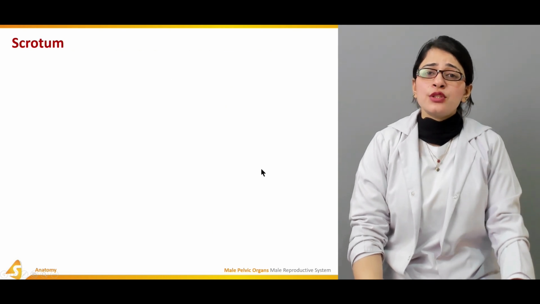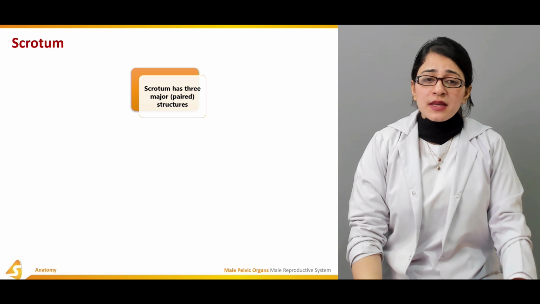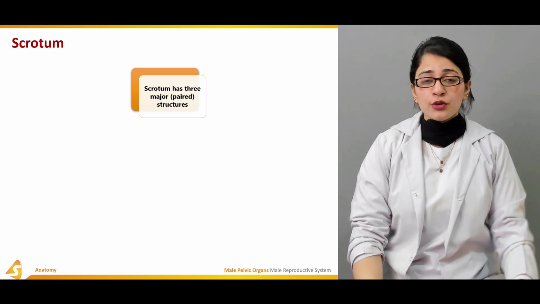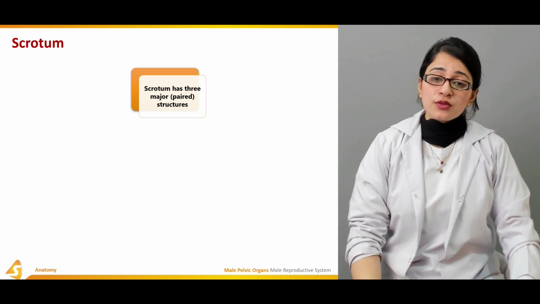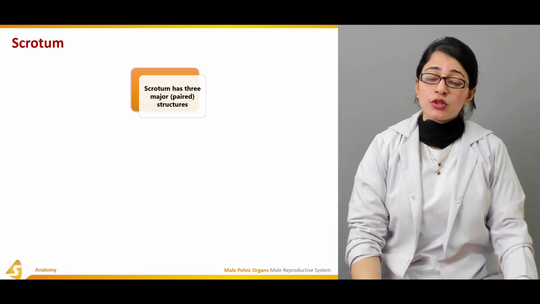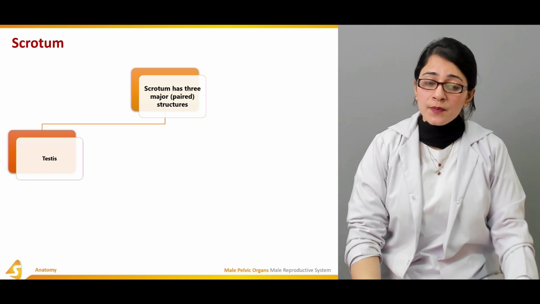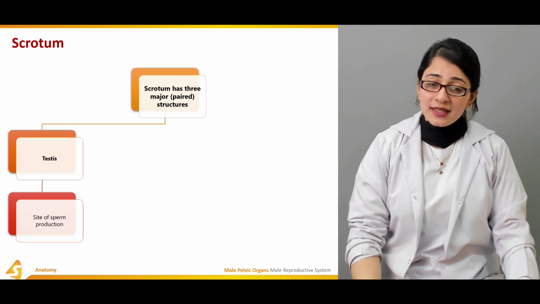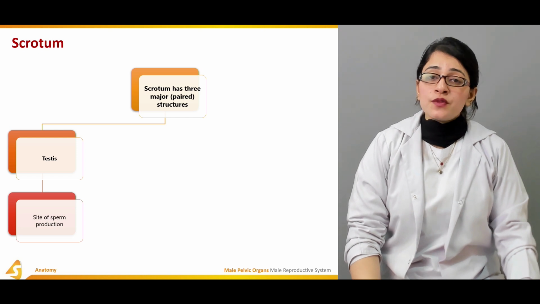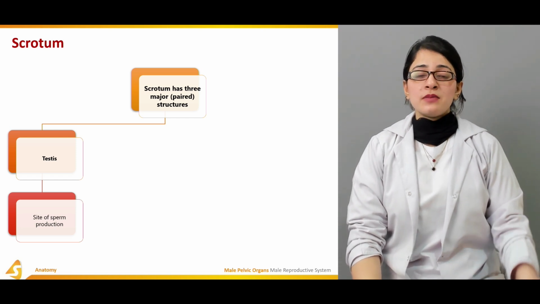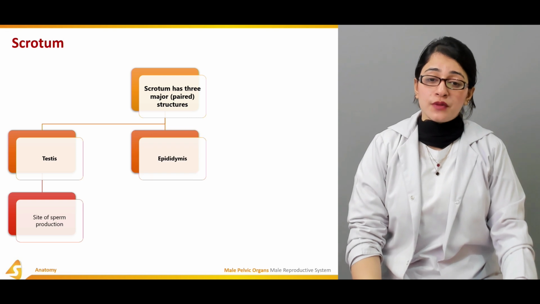Talking about the scrotum, I've told you it is included in the category of the reproductive tract. The scrotum basically has three major paired structures. First, the testes, which are the primary sex organ and the site of sperm production. This organ is involved in the production of the sperms.